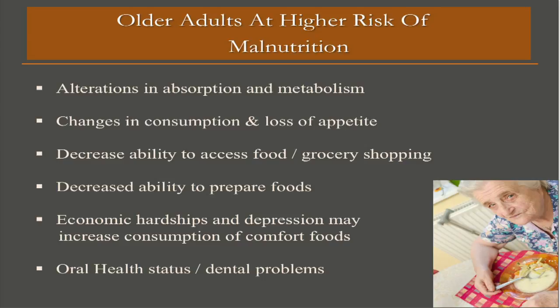Economic hardships and depression may increase consumption of comfort foods, which are mainly empty calories and foods with very high carbohydrates. And last but not least is oral health status and dental problems, toothaches, lesions in the mouth, ulcerations, anything that prevents them from being able to masticate and chew.